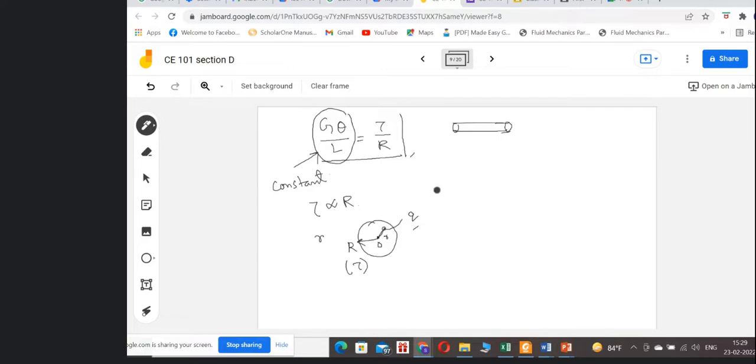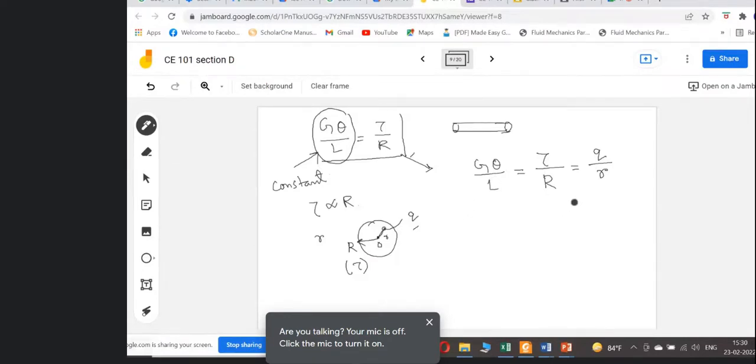So we can redefine this expression as G theta by L is equal to the maximum shear stress at the outer surface of the shaft by the greatest radius of the shaft, which can also be written as Q by small r, where r is the distance of a point from the center and Q is the shear stress offered by that point.